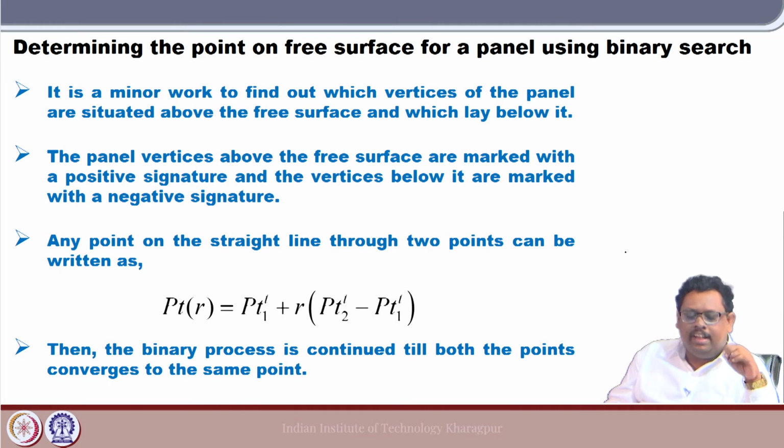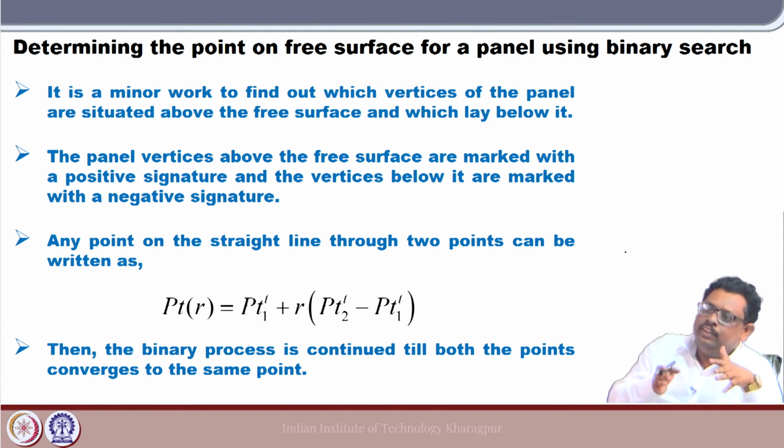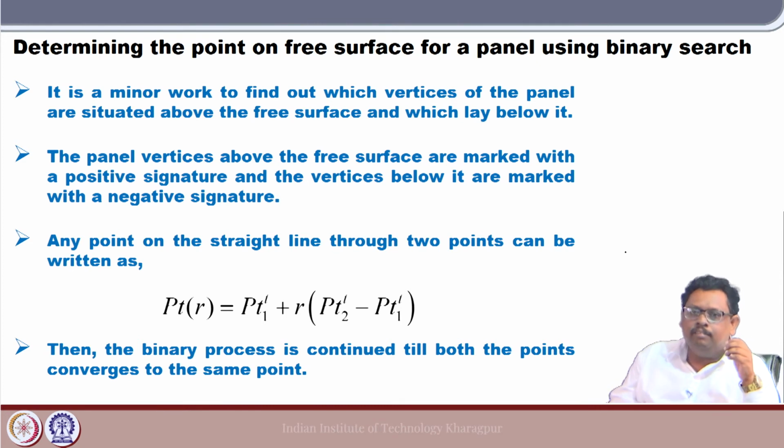Now, the panel vertices above the free surface you can mark with a positive signature, let us say plus, and the vertices below it you can mark with a negative signature. If you use, let us say, C++ or C sharp, then we have something called boolean, true or false.